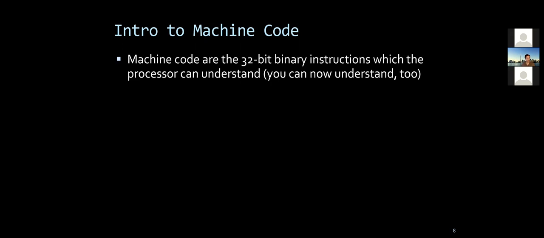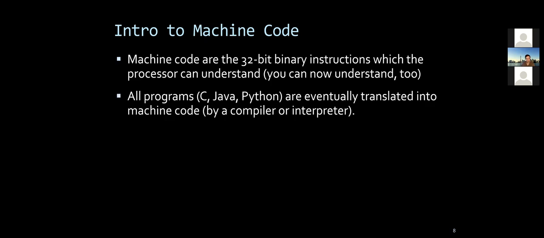And hopefully, after what you learn in this course, you will be able to understand them too and decrypt them if needed. All programs, C, Java, Python, any of your favorite languages, are eventually translated into machine code, either by a compiler or interpreter or some other level. But at the end of the day, everything becomes machine code.